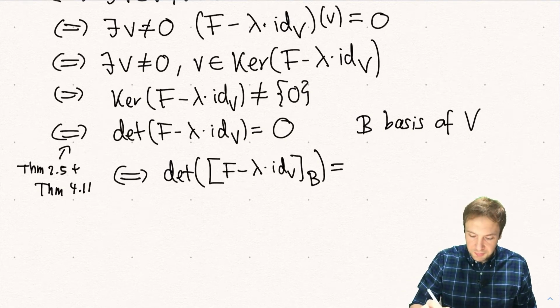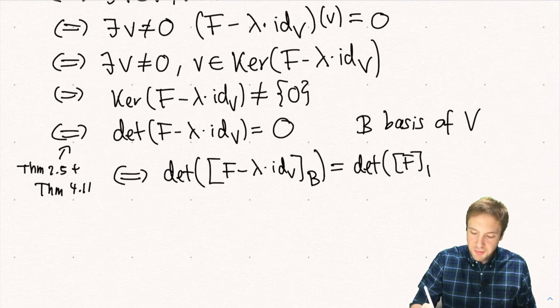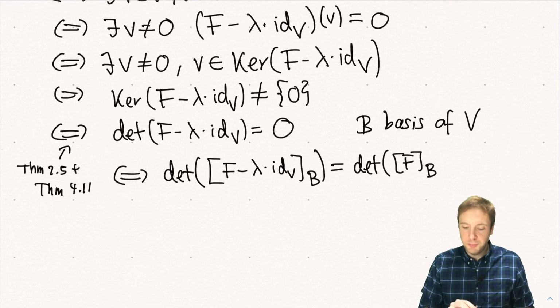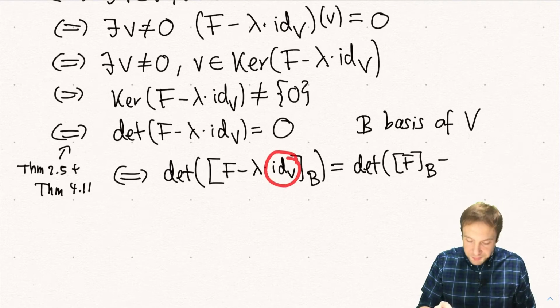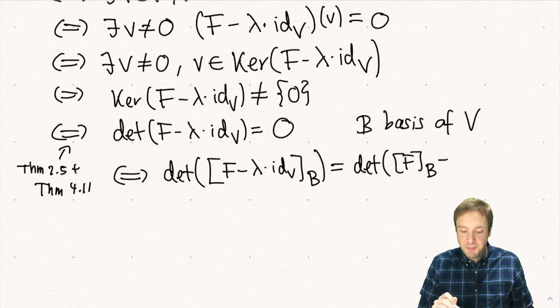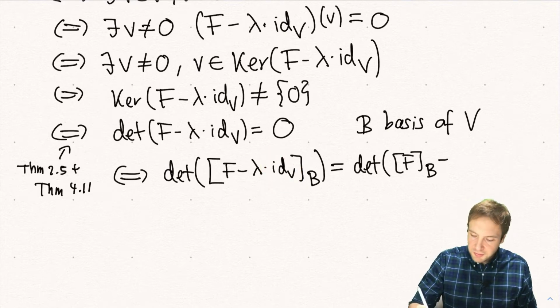So this is linear, and we can take just the matrix of f with respect to B minus the matrix of the identity map, which is the identity matrix. So here it's lambda times the identity matrix In.